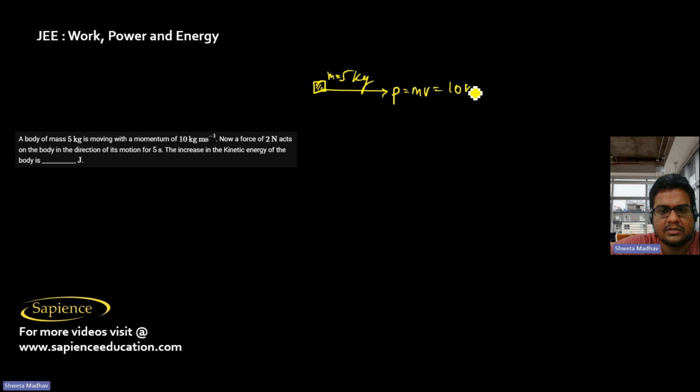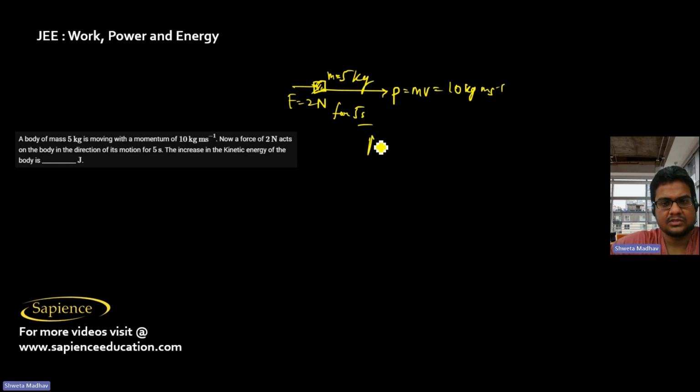So that is 10 kg meter per second. Now a force of 2 Newton acts on the body in the direction of its motion for 5 seconds. Then the increase in the kinetic energy of the body is?